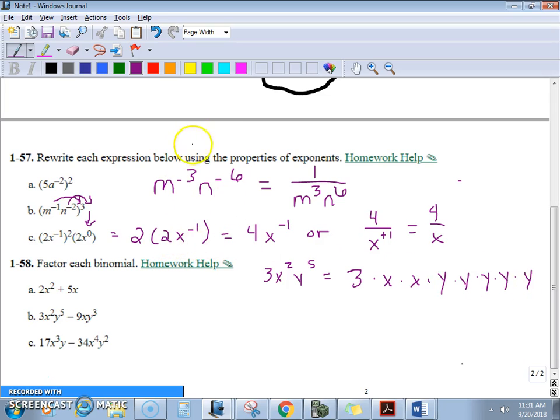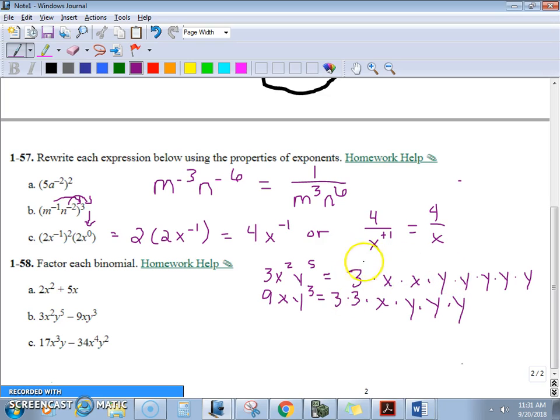Okay? And then, if I take, I'm going to ignore the minus sign right now, 9xy cubed and I expand that, I get 9 is really 3 times 3 times x times y times y times y.